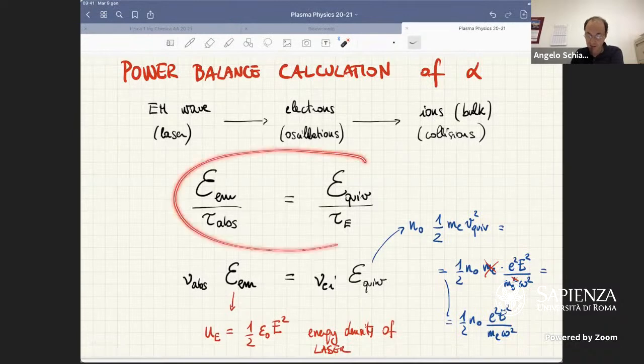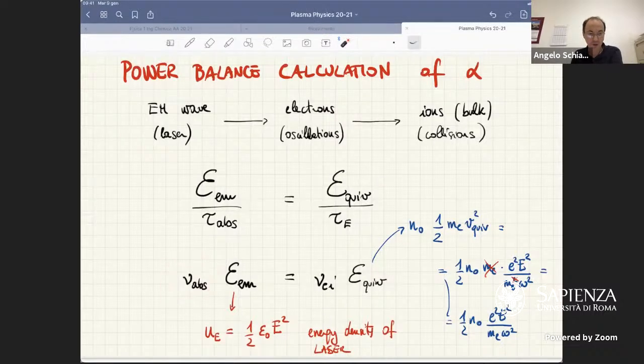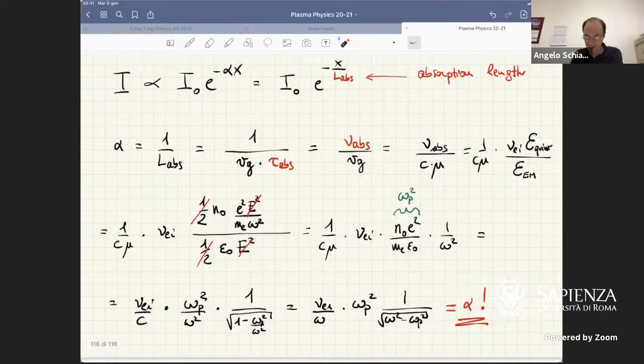So we stated that this power balance holds, and this power balance allows us to estimate the frequency at which the electromagnetic wave has to be absorbed, and we plug it inside the definition of alpha, and we finally obtain the same relation as before: the ratio of the collision frequency to the omega of the laser, so the angular frequency of the wave.